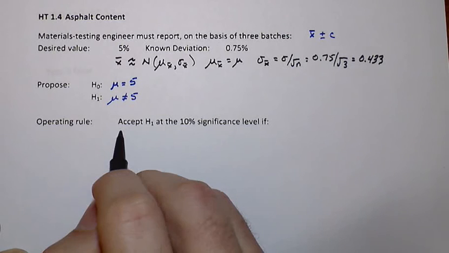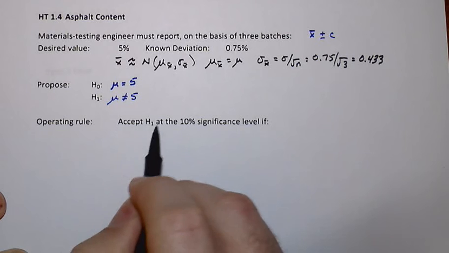Right, so our operating rule then is we have to decide how close is close enough.